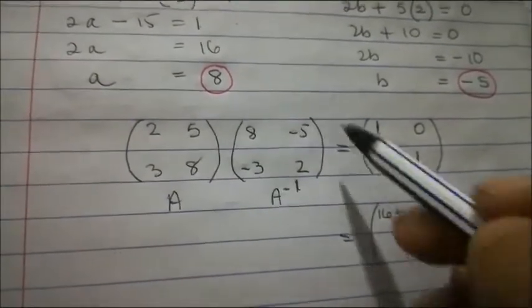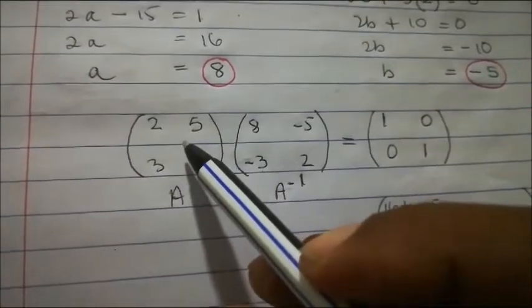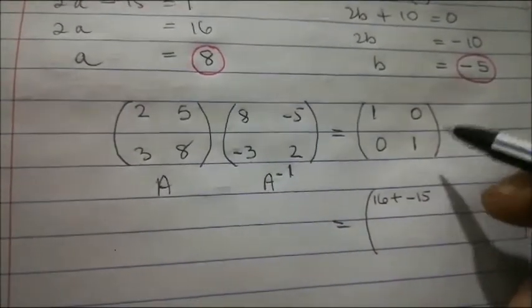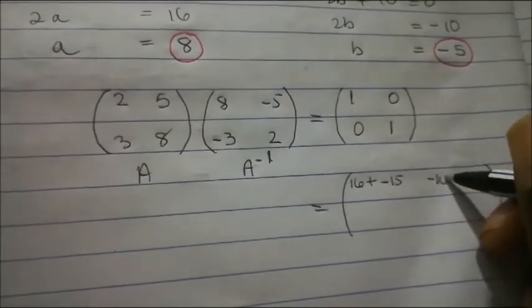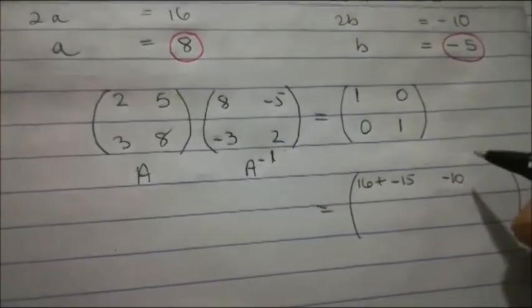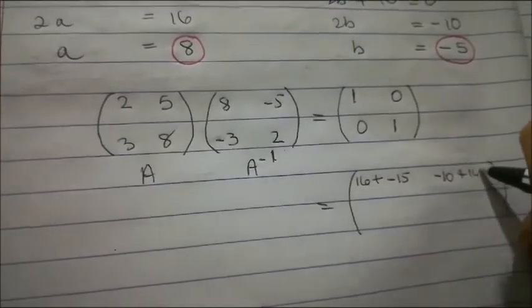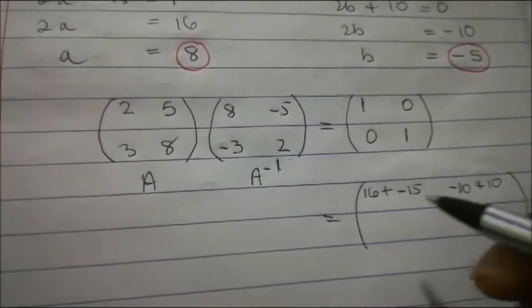That's for the first value. 2, negative 5, that's negative 10. And 5 times 2, that's a positive 10. So this is going to be reflecting a 0.